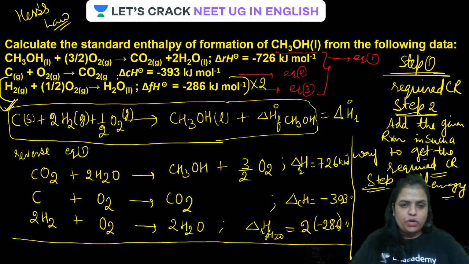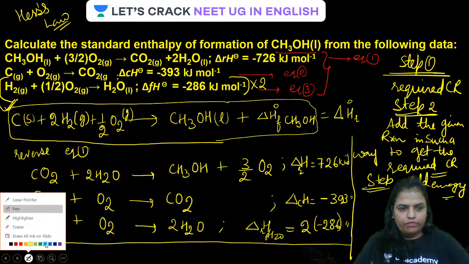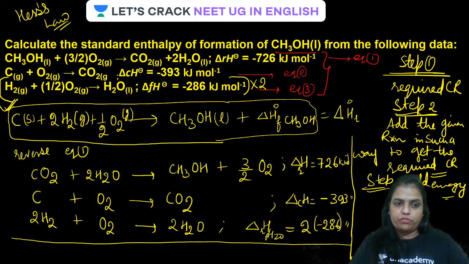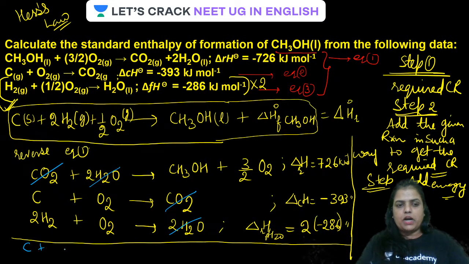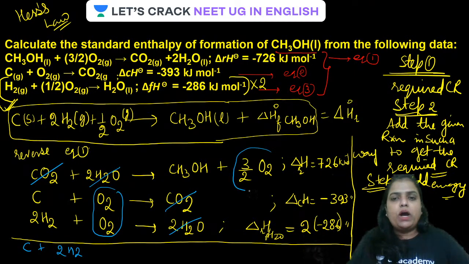Now let us cancel the duplicate moles present on both sides of the equation. CO2 1 mole, CO2 1 mole will get cancelled. Now 2 moles of water, 2 moles of water will get cancelled. Now we have 1 mole of carbon, 2 moles of hydrogen, and 2 moles of oxygen on the left hand side, whereas 1.5 moles of oxygen on the right hand side.